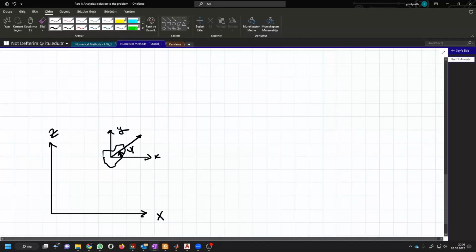Let's call this theta. So in total, this body will have 3 degrees of freedom.